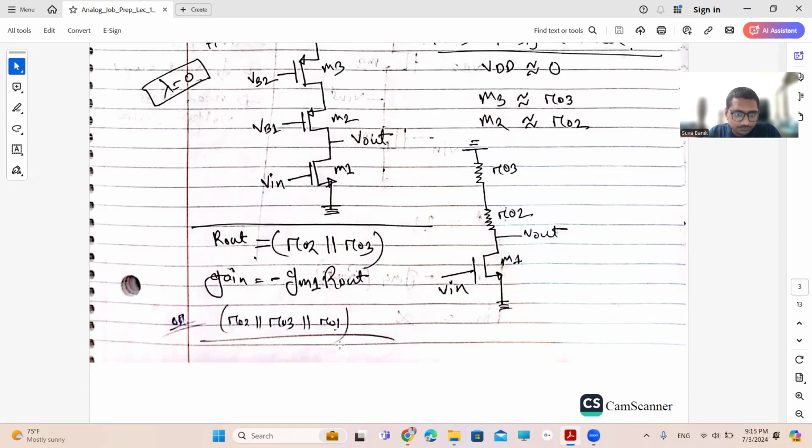Ah, okay. In small signal model, the input will be grounded and there is, sorry, my drawing is not good.